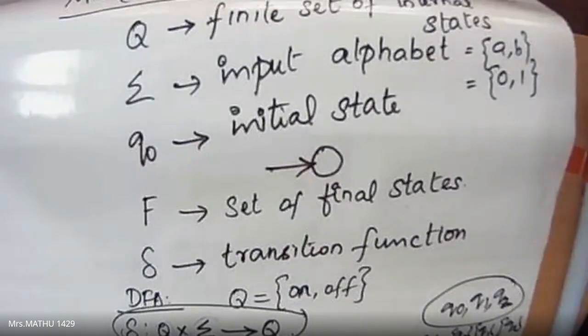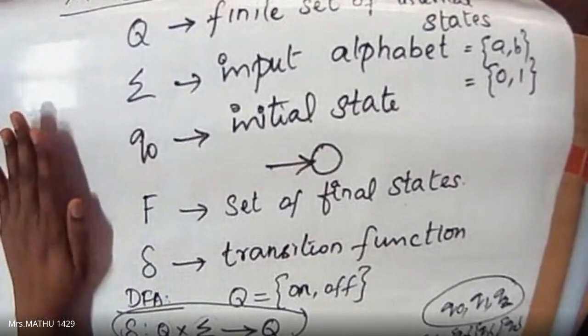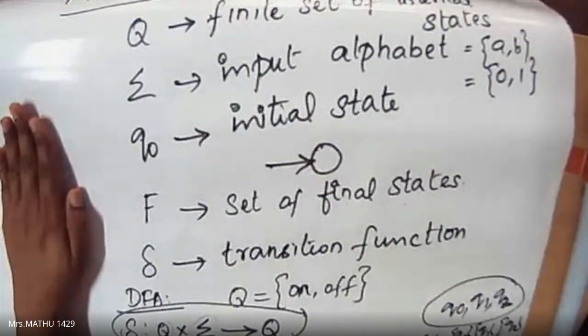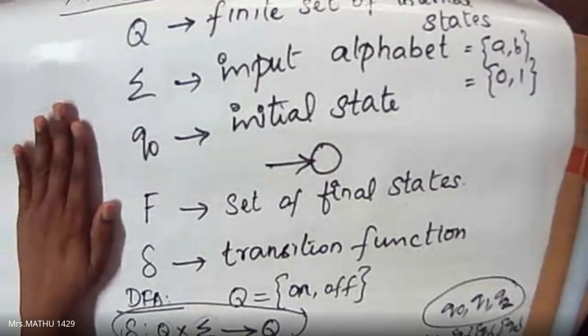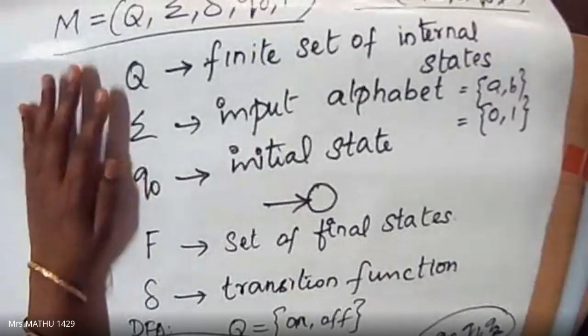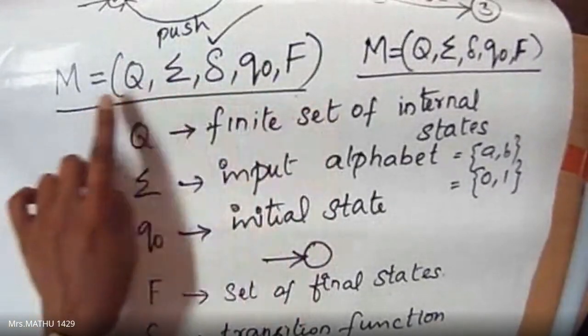Okay, so don't worry. This is only the definition. When we again discuss the problems, you will get more clarity. Don't worry about this. This is the definition of DFA and NFA. Both DFA and NFA are represented by this quintuple.